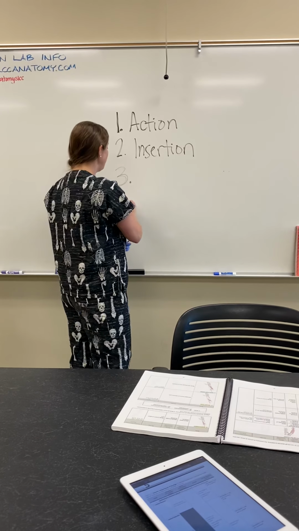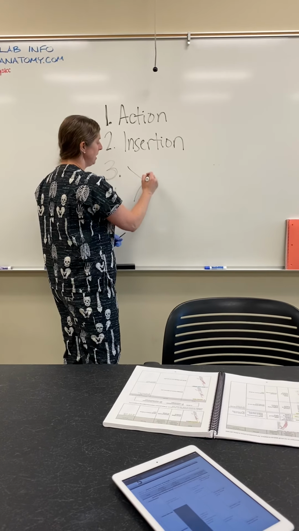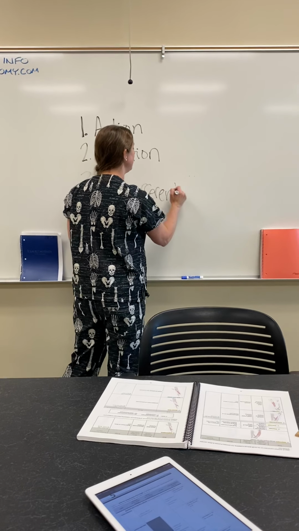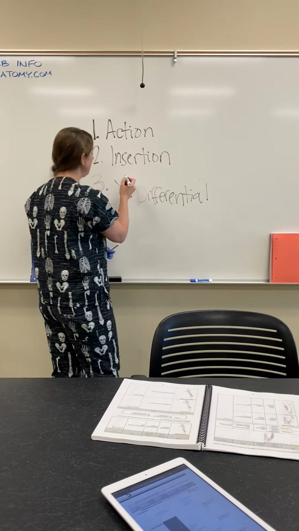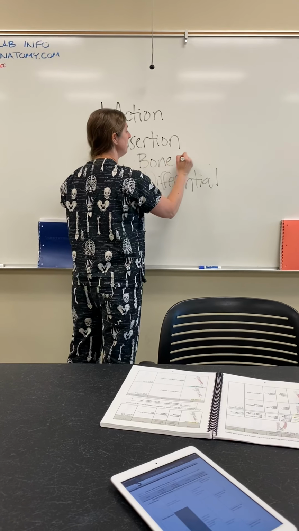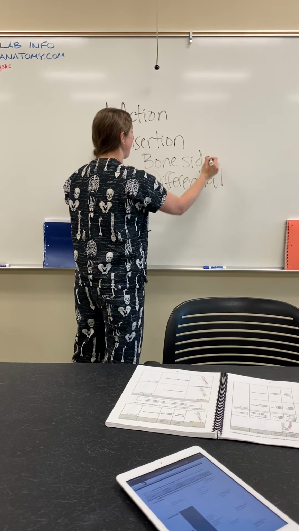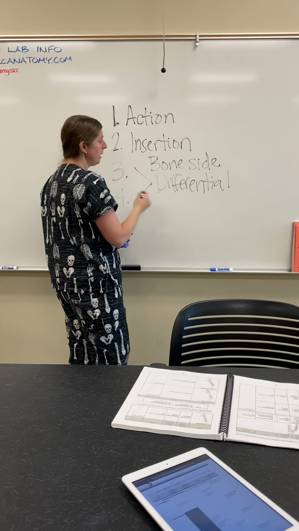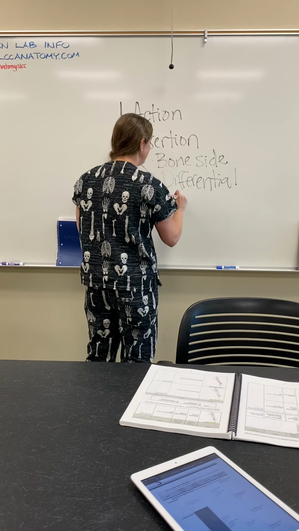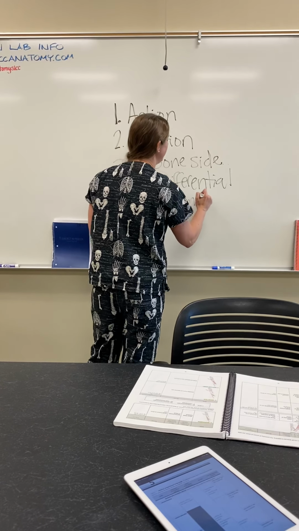So the third and fourth names, I just kind of call these differential terms, but really what we see is the third term oftentimes would be the bone side it's on, or we see the tendon length, which would be longus or brevis.